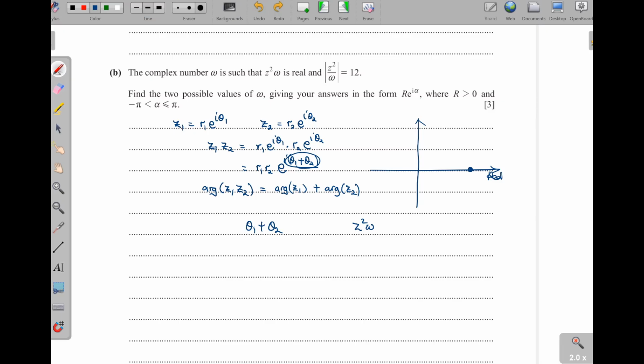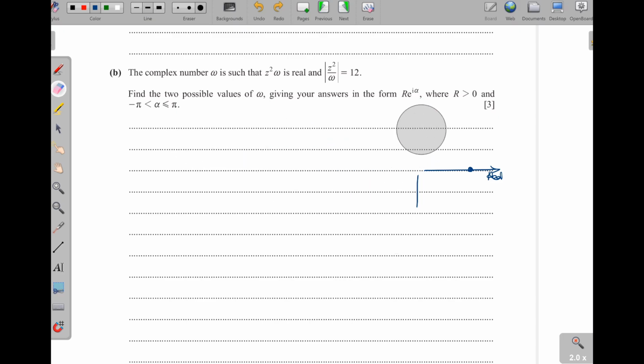Now, having understood all of this, I can take everything off, and then we say that the argument of z squared times omega will be equal to the argument of z squared, plus, not multiplication, plus the argument of omega.